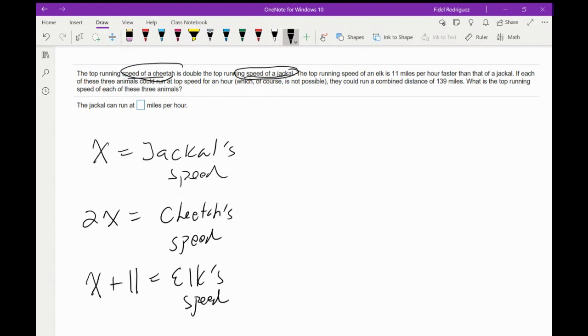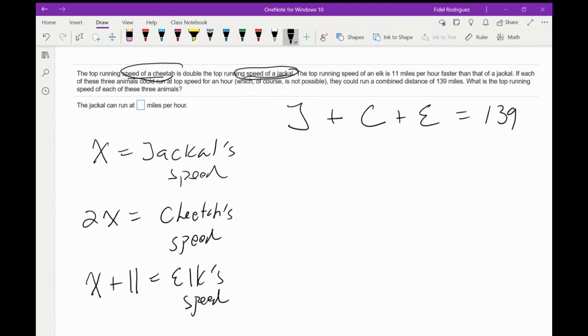What is the top running speed of each of these 3 animals? Okay, so we're going to take the jackal speed and the cheetah's, and the elk's, and that's going to give me a total of 139 miles.